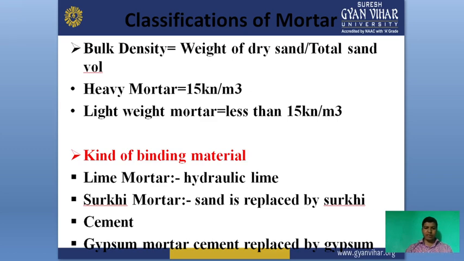Heavy mortar has a strength of 15 kilonewton per meter cube, and lightweight mortar is measured when its strength is less than 15 kilonewton per meter cube. The binding materials used are lime mortar, surkhi mortar, where lime is replaced by surkhi, and cement is also used for binding the material, and gypsum mortar can be used in plastering.